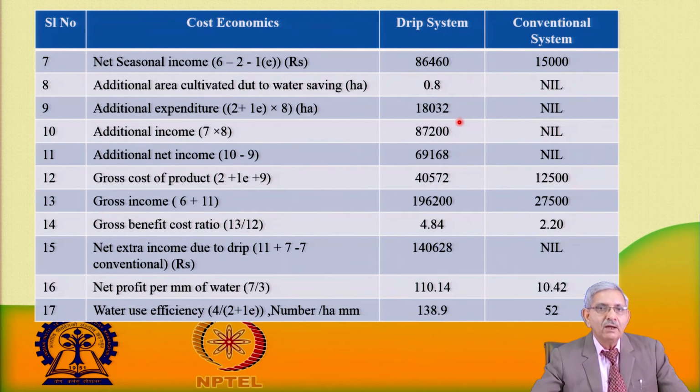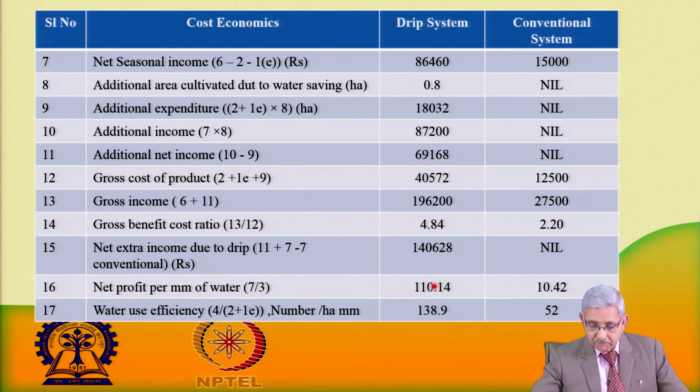All these components which I explained in the steps are explained here also, and we can see here that net extra income due to implementation of the drip system is coming to 1,40,628 from 1 hectare area.